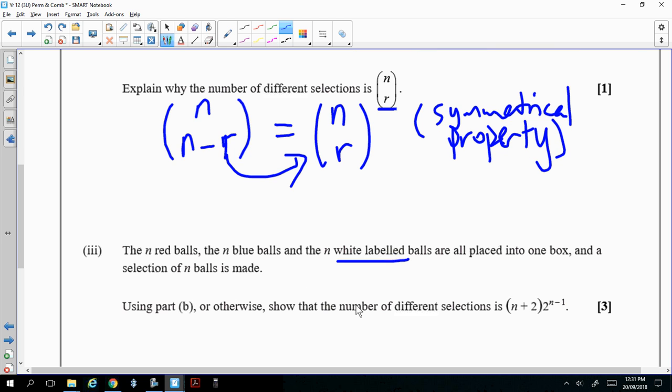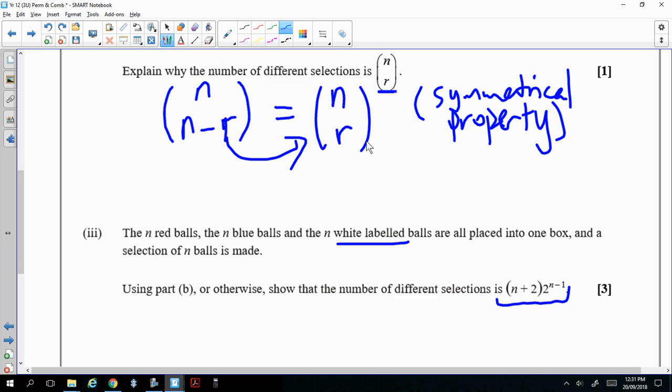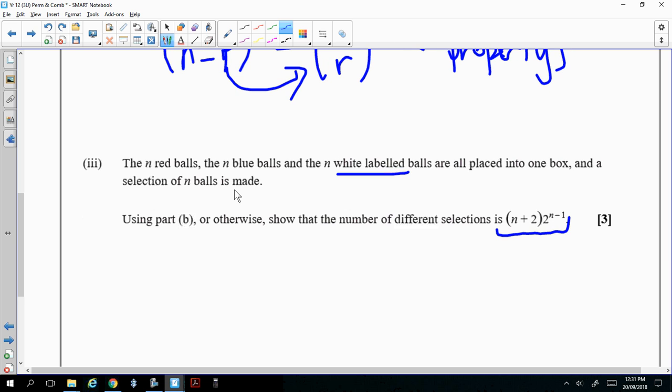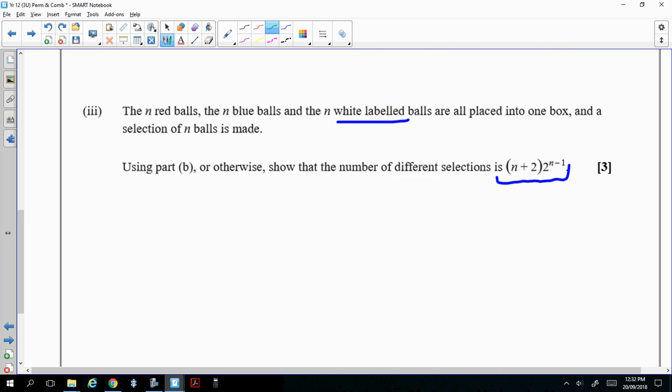The first case is, okay, let me think. You will have 0 red and blue balls and n white. Actually, let's do it in a table. That will be easier. So we're going to draw a table. So this is the white, this is the red and blue, right?